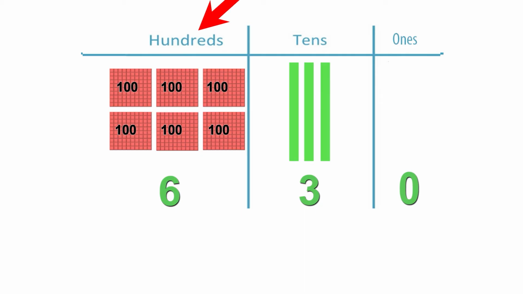So 600 plus 30, which is 3 tens, equals 630. So boys and girls, remember these shapes. The flat one means it is hundreds. Then we have the rods or the long ones, where one of them is 10. And then we have the single ones, which means ones.